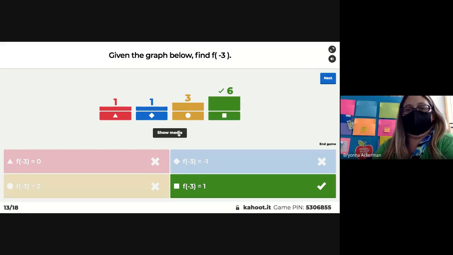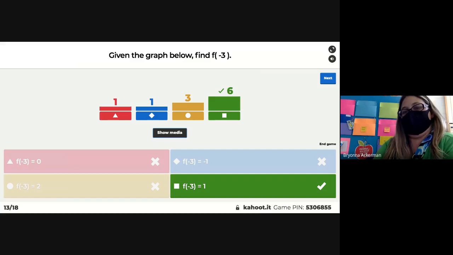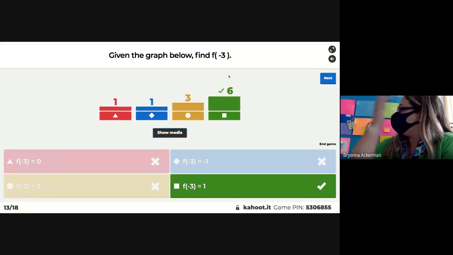Okay, so the input, in this case, x was negative 3. So y is 1. It was inside, so it was the input.